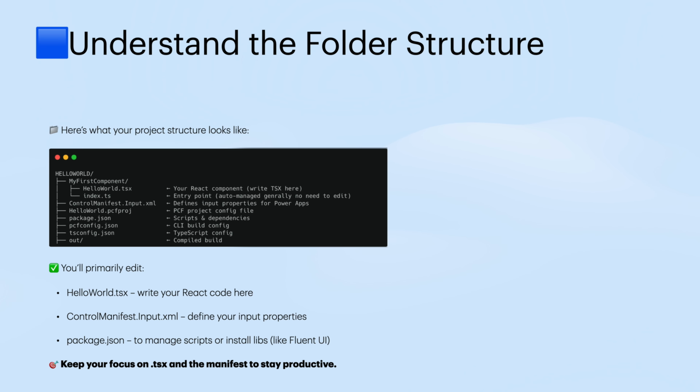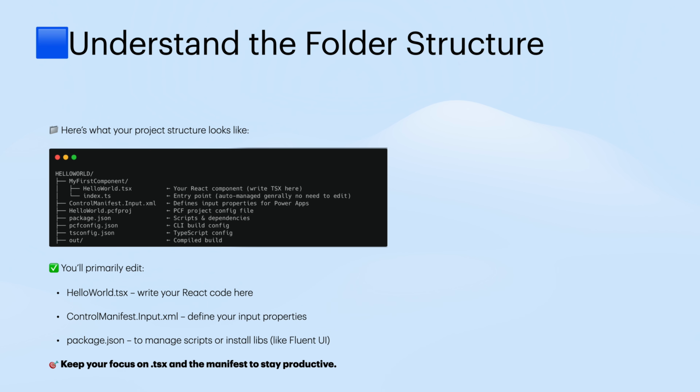Now let's explore the files. Let's take a quick look at what this scaffolding gives us. You will see folders like MyFirstComponent and files like HelloWorld.tsx. This is where your main React component logic lives. Index.ts acts as the entry point, mostly managed by the CLI.